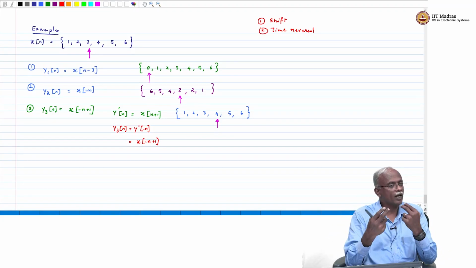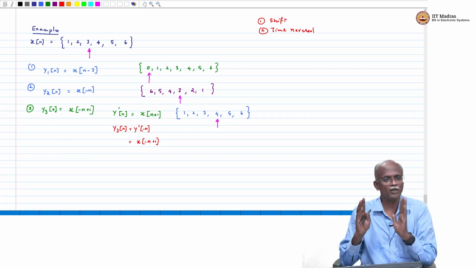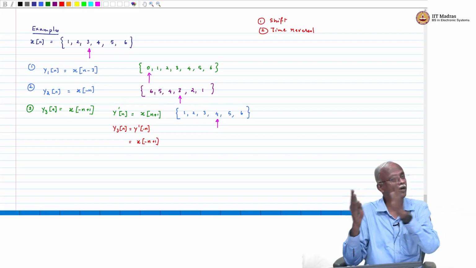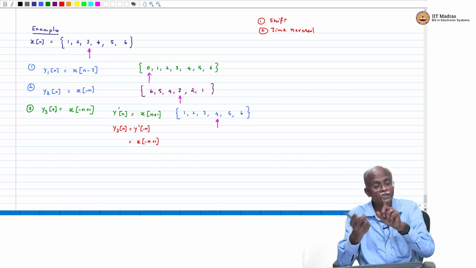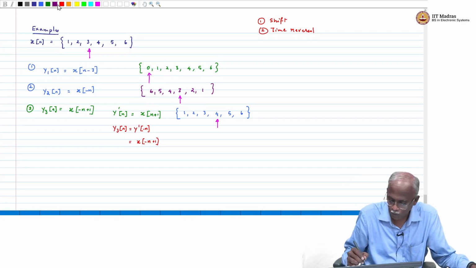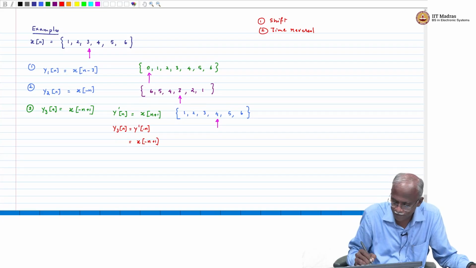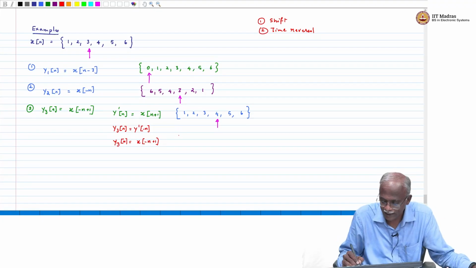Now, you can do it in the other order, but invariably you will end up in confusion saying, do I have to advance or do I have to delay it? This is very clear. Plus 1 means an advance. Once the shift is done, you do the time reversal. So this is y3 of n. For y3 of n, don't go back to x of n, go to the sequence y prime and do the time reversal.